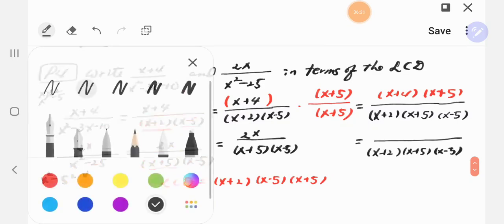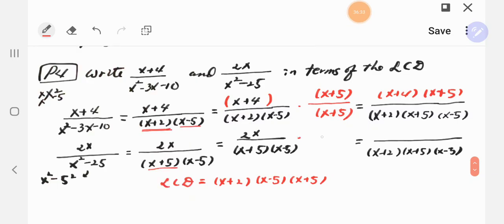So let's find the missing factor. With x plus 5, x minus 5, the missing factor is x plus 2. So multiply the numerator by x plus 2. Then the numerator becomes 2x times x plus 2. So we just rewrote the fractions in terms of the LCD.